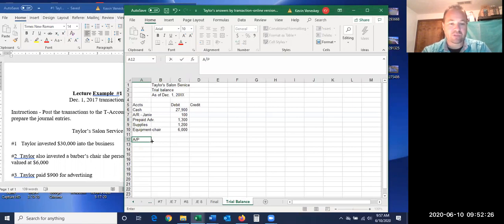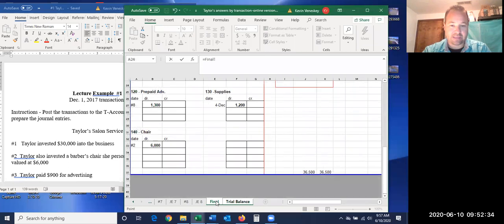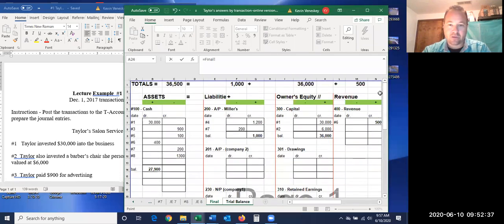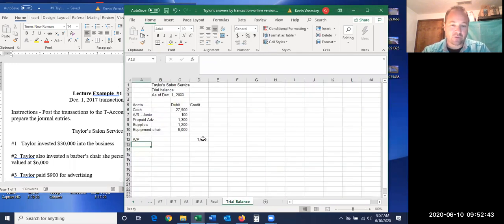So I'm going to put my first liability, and actually it's my only liability, my accounts payable out here, and I forget who it was to, so I'll have to fill that in a second. And my final balance there, it's to Miller, $1,000. And remember, it's on the credit side. So I need to put the 1,000 on the credit side over here.